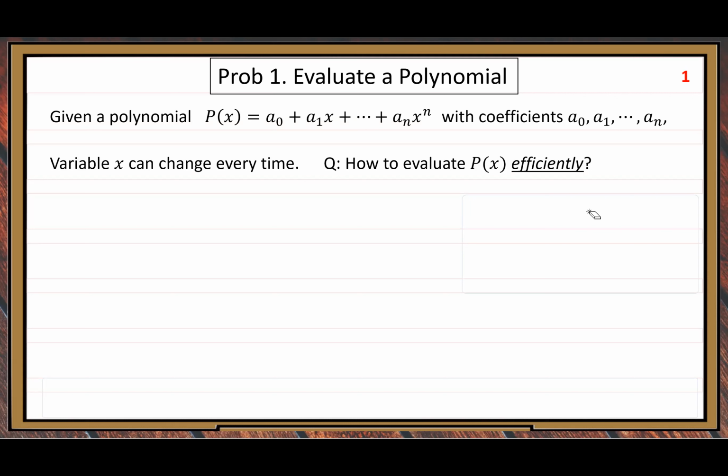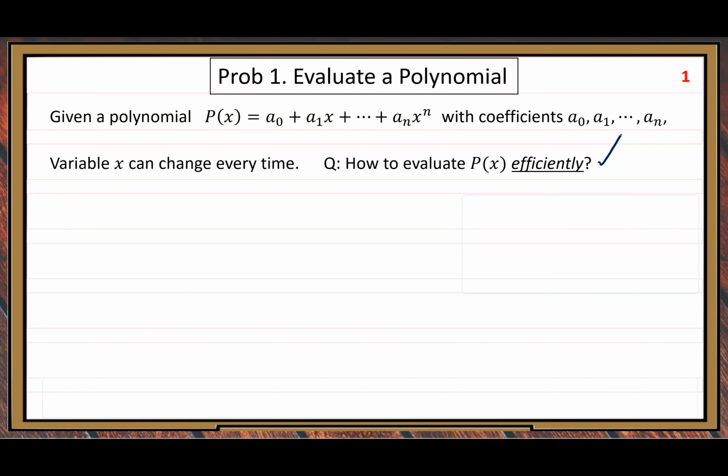The most important thing is that we need to evaluate efficiently. If you only find the correct answer, that's not enough, because most of us can find the correct value easily. The issue is, can you do it efficiently?